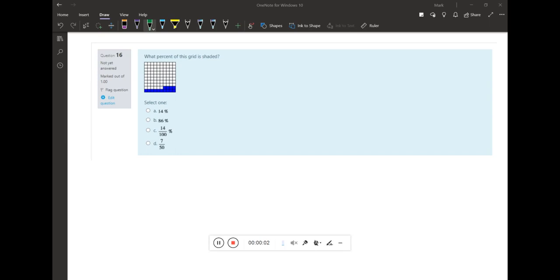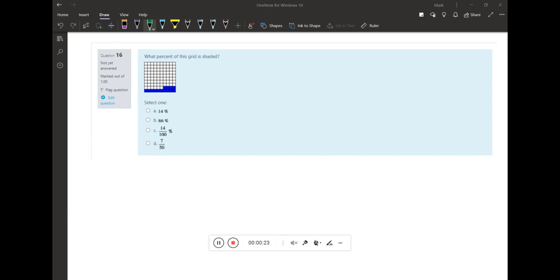On this question, we're looking at the relationship between a picture in front of us, the fraction that it represents, and the equivalent percentage that it represents, because a fraction can always have an equivalent percentage.